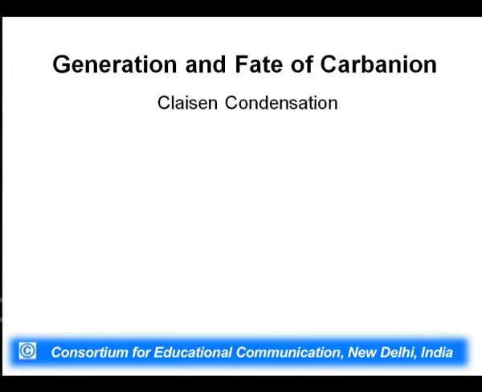What is happening in Claisen condensation? It happens in a similar manner as with aldehydes and ketones, but the difference is that the other R group which was present in aldehyde and ketone carbonyl compounds is, in this case, OEt. So, this molecule is no more a carbonyl compound, but a carboxylic acid derivative, an ethyl ester.